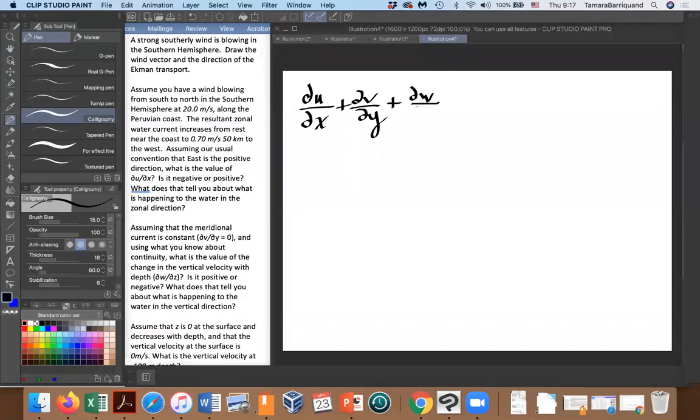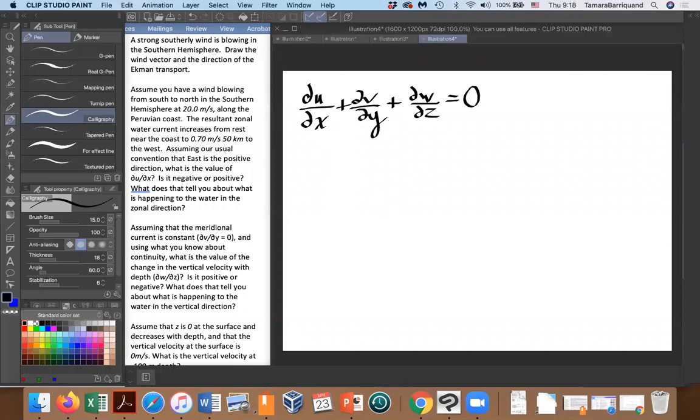All right, so continuity tells us that du dx plus dv dy plus dw dz equals 0. That means that the change in u in the x direction plus the change in v in the y direction plus the change in w in the z direction must equal 0.